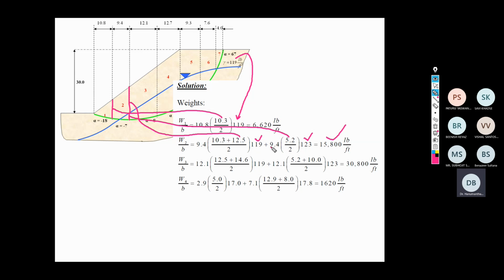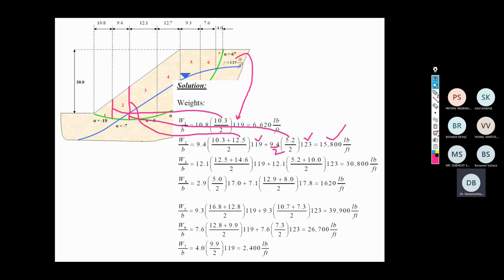So here instead of 9.4, you may take half of it. So for the remaining components, W1 to W7.